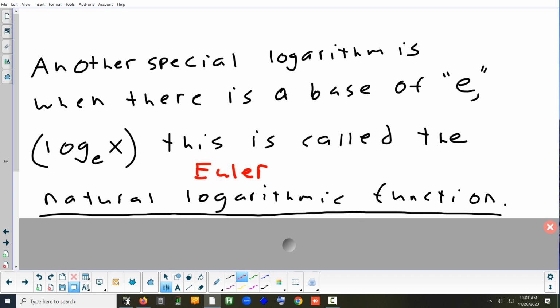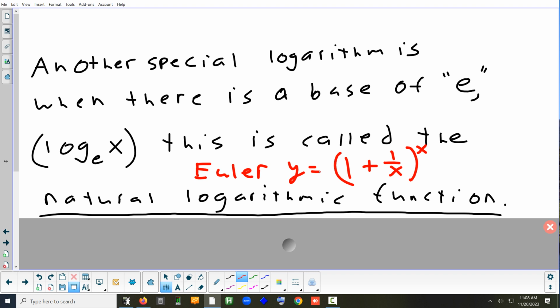I do know that if you graph that in y1, it has a horizontal asymptote at exactly 2.718. So this special function has a horizontal asymptote at e.